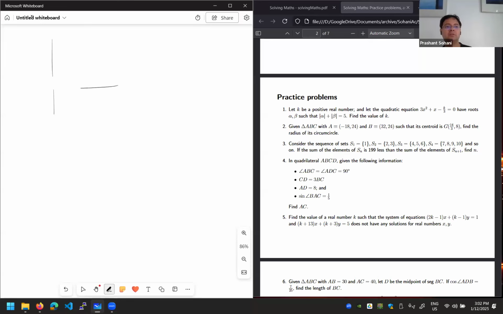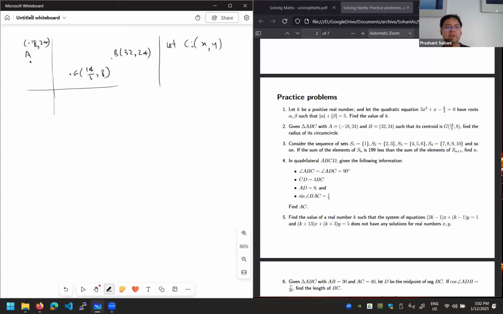So what is given? The position of A and B is given. So A is somewhere over here, let us say minus 18, 24, and B is also given, and the centroid is also given. So first thing is that we can assume the third vertex C to be at some x comma y. Can we find x and y, because we have the coordinates of the centroid?